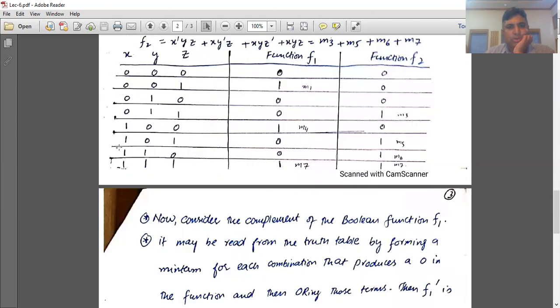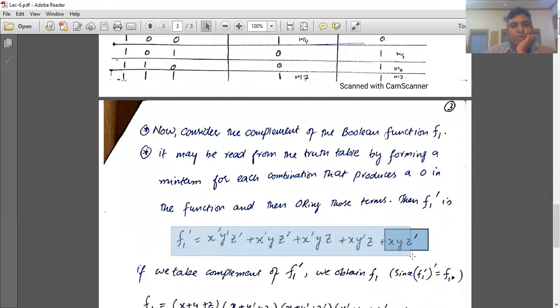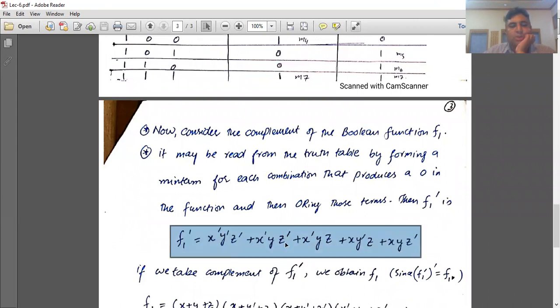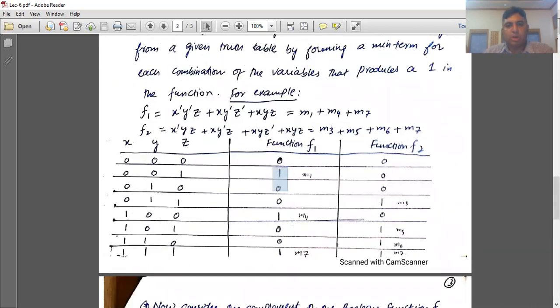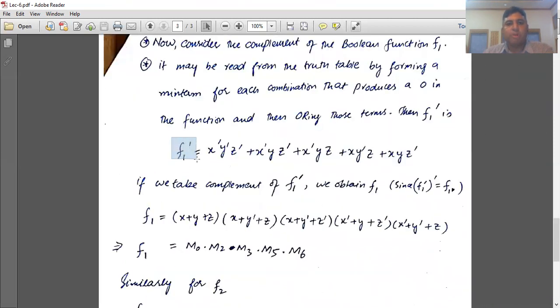And the last 0 is x, y, z bar. Now this function, which we have obtained by reading the zeros from the table, will be f1 bar, because these minterms represent the zeros of the function. So if we read the ones of the table, that gives you function f1, and if you read the zeros of the table, you get f1 bar.